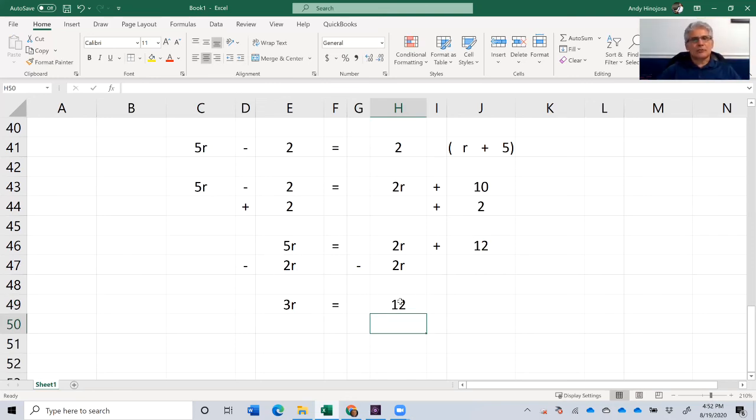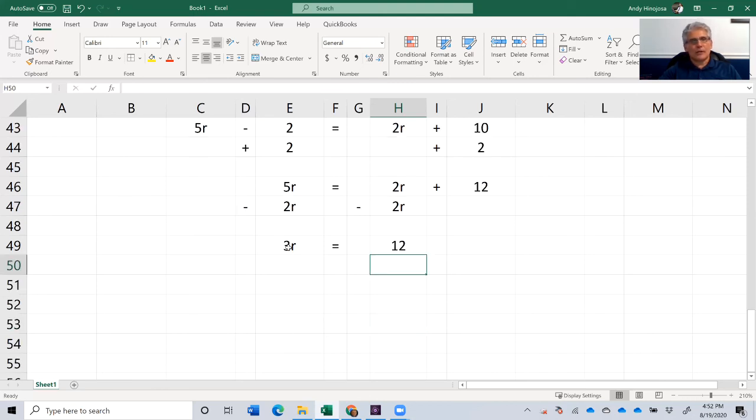So by subtracting 2r from both sides of the equation, we have 5r minus 2r gives us 3r on the left side. 2r minus 2r means we have 0, which means we're left with 12. So we're left with the equation 3r equals 12, and that should be pretty easy to solve.